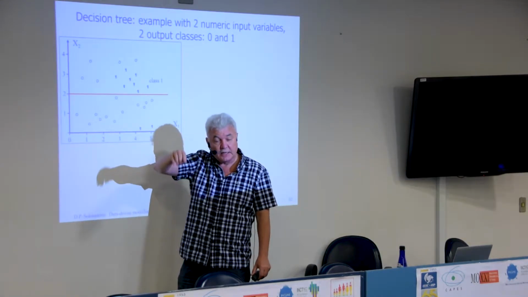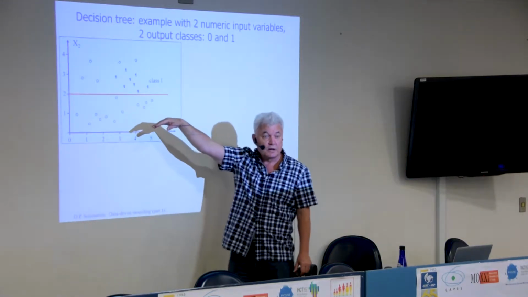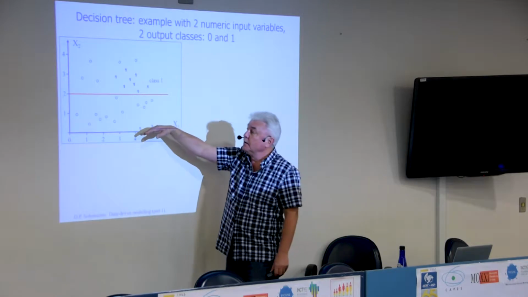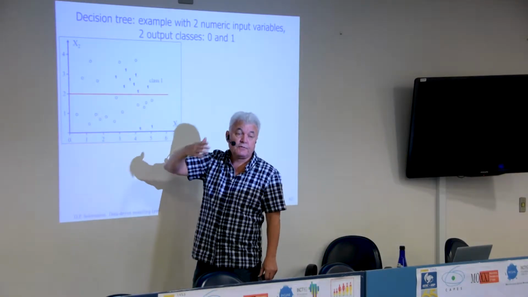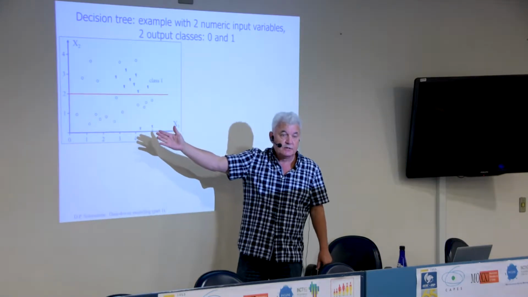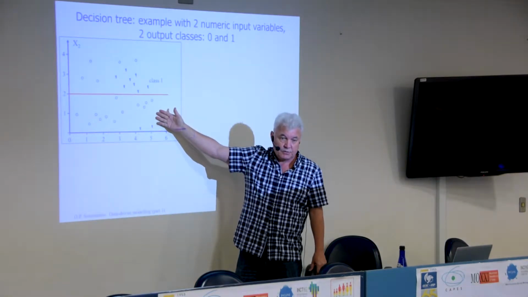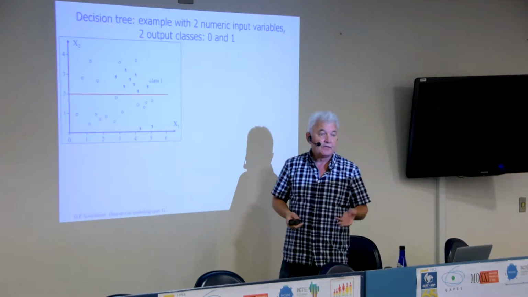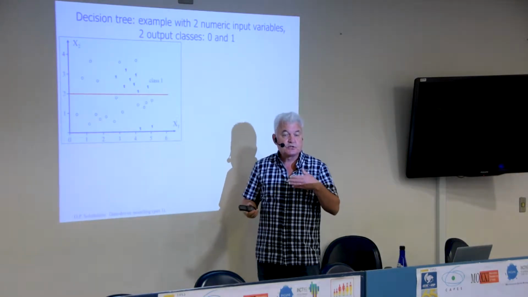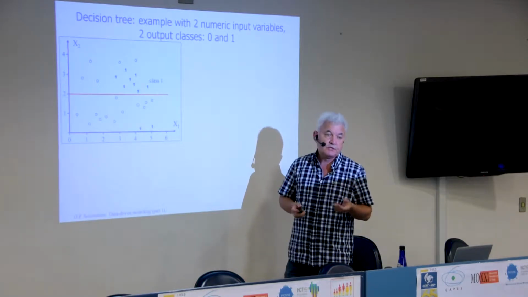And every time I do n minus 1 splits for each of the dimensions. So if n is the number of examples and m is the dimension of the problem, I have m by n. So quite many splits I have to try. It's an exhaustive search of the best possible split.